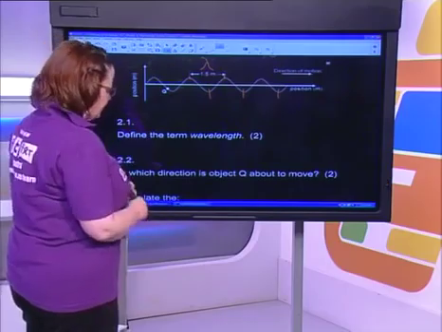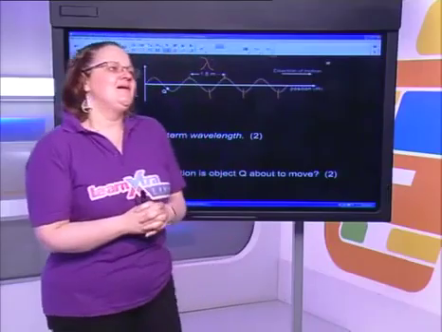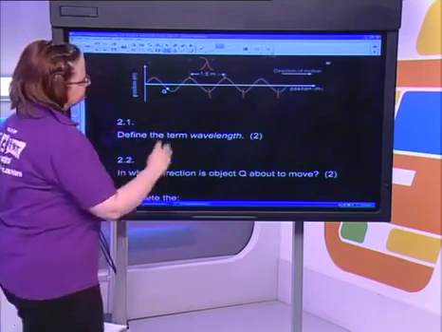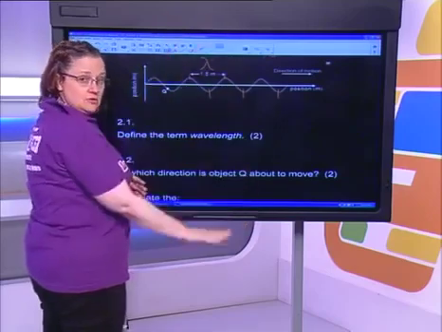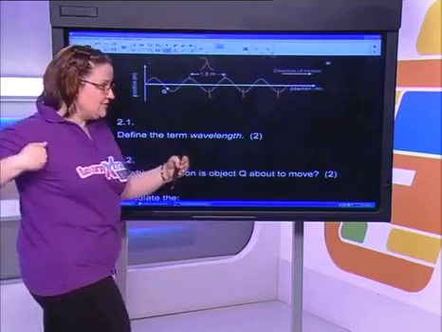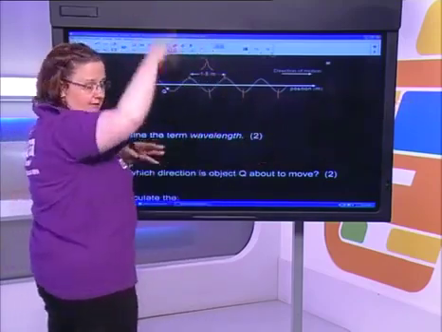Now, in which direction is object Q about to move? Now we start to really see if you understand how waves work. Remember that with the transverse wave, the direction of motion is perpendicular to the motion of the particles. So the energy moves this way, horizontally, but the particles move up and down.